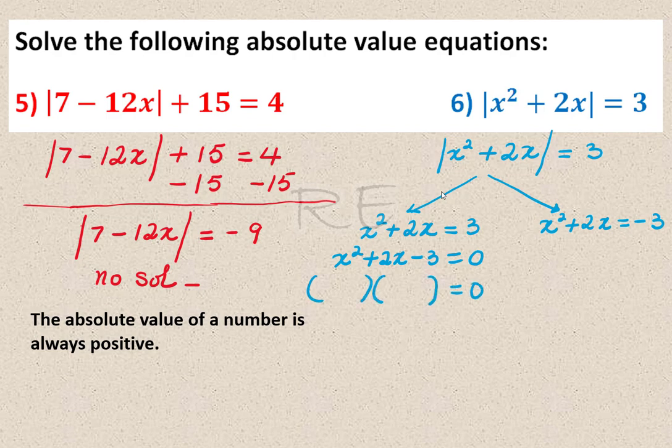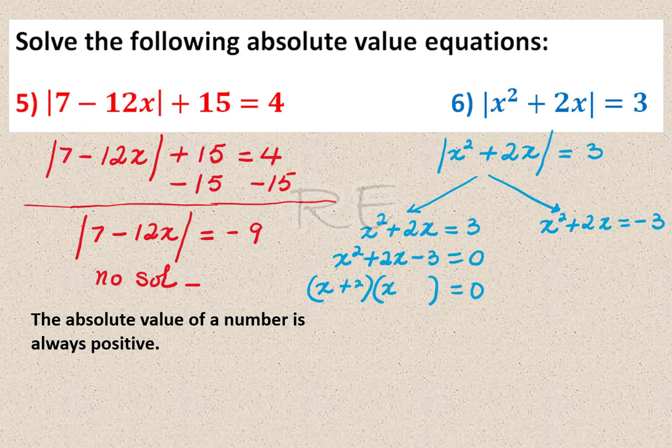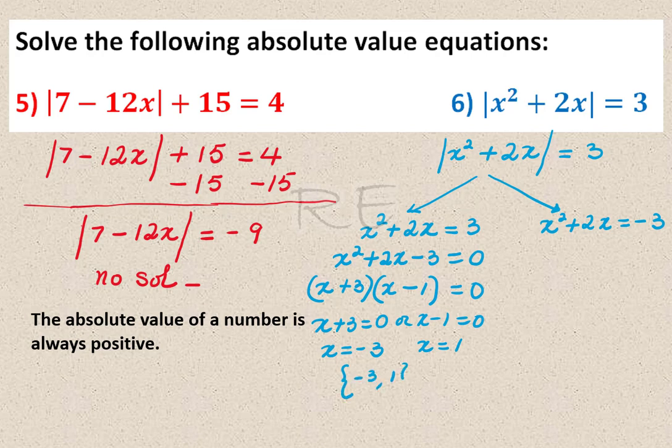This is factorable. It's x plus 3 times x minus 1. And x plus 3 equal to 0, or x minus 1 equal to 0. X is equal to negative 3, or x is equal to 1. So the solution for the first case is negative 3, 1.